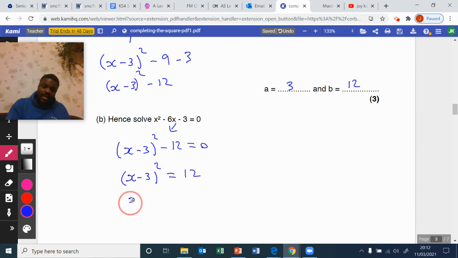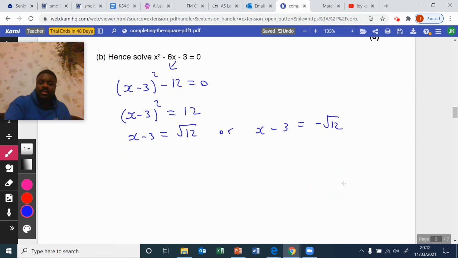So therefore, if you square root both sides, x minus 3 is equal to the square root of 12, or x minus 3 equals minus the square root of 12. That therefore means that x equals 3 plus the square root of 12, adding 3 to both sides here, or x equals 3 minus the square root of 12, again, adding 3 to both sides.